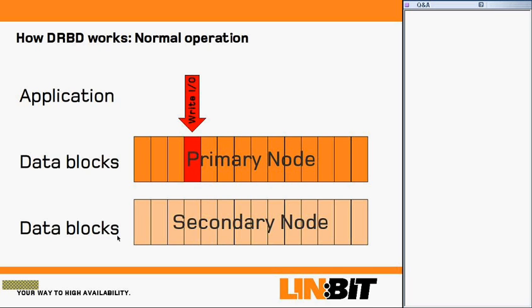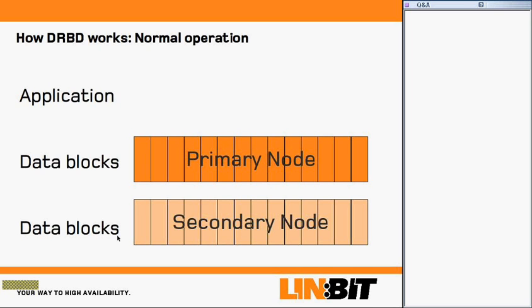It basically writes that data to the corresponding data block on the disk. It then replicates that write over to the peer node, the secondary node, where it is then written to disk, and the secondary node then acknowledges that write, after which that particular block is, so to speak, cleared or considered in sync from the application's point of view.